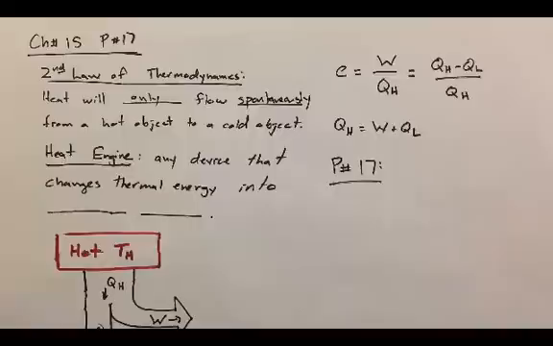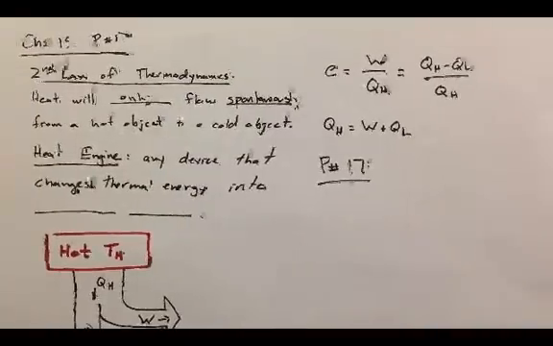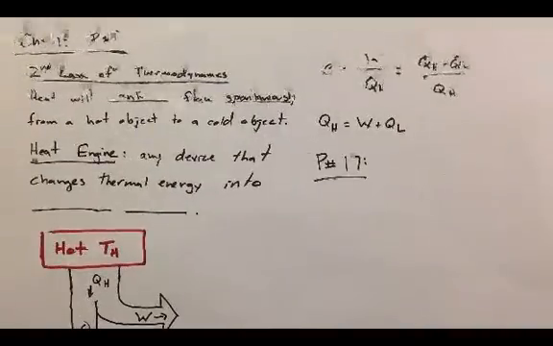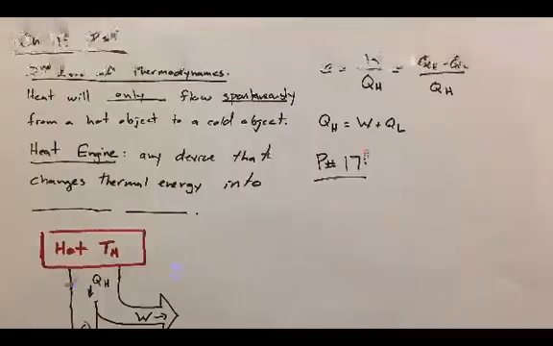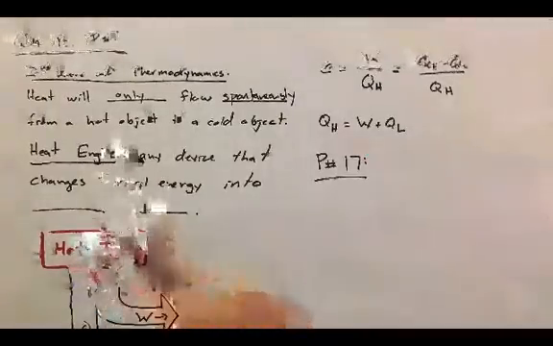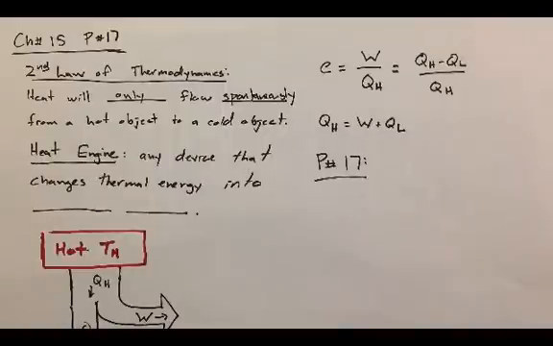You'll see it stated that heat will only flow from a hot object to a cold object spontaneously. You also see it stated the other way, where heat will not flow spontaneously from a cold object to a hot object. Now, what do we mean spontaneously?